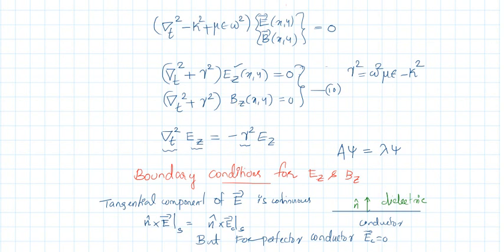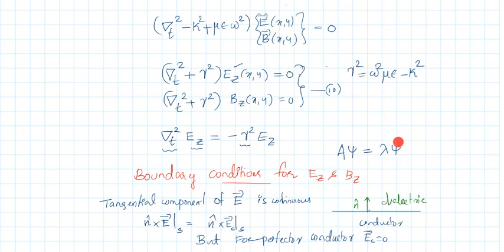These are actually typical eigenvalue problems, because the first equation I can write as del t square Ez equal to minus gamma square Ez. What is the form of a typical eigenvalue problem? A psi is equal to lambda psi. A is an operator which is acting on a function psi, equal to some constant lambda times psi.